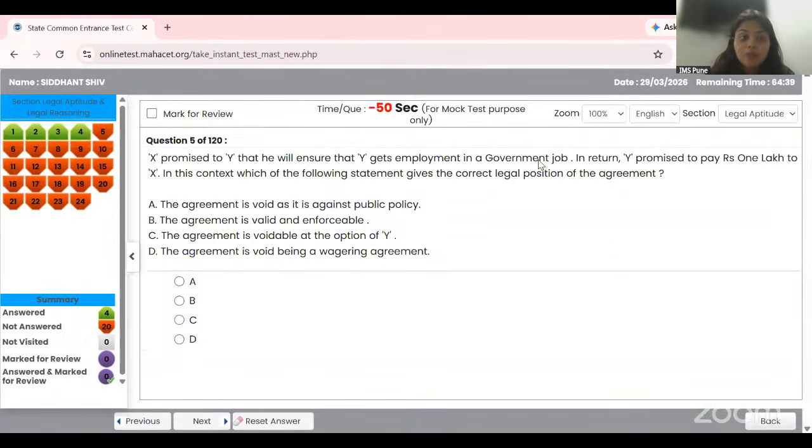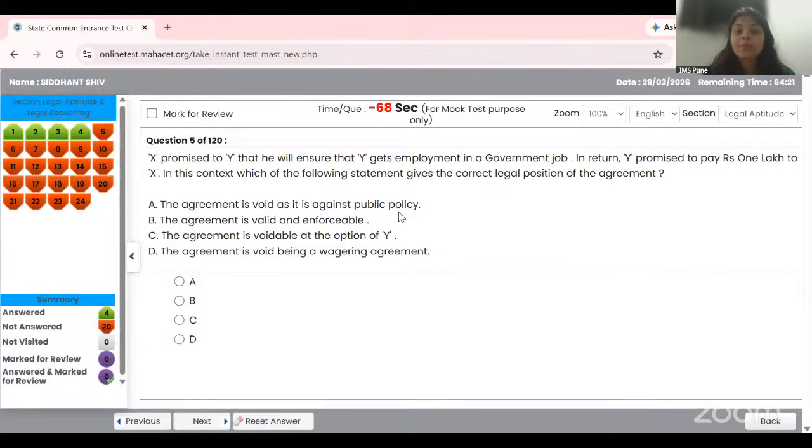And in return, you're supposed to pay 1 lakh rupees to me. Now you have to figure out whether such kind of agreement, such kind of arrangement, is valid or not. So we know from the Contract Act that any kind of arrangement which is against public policy is void.